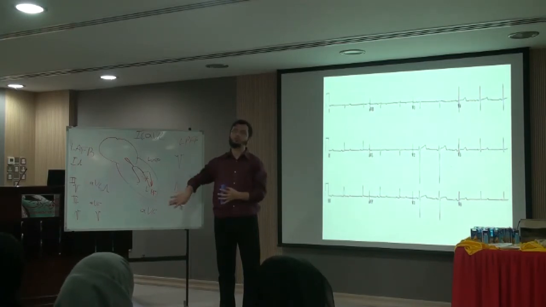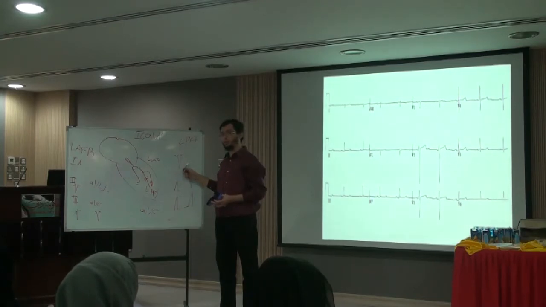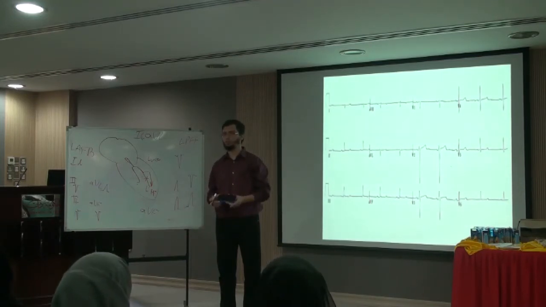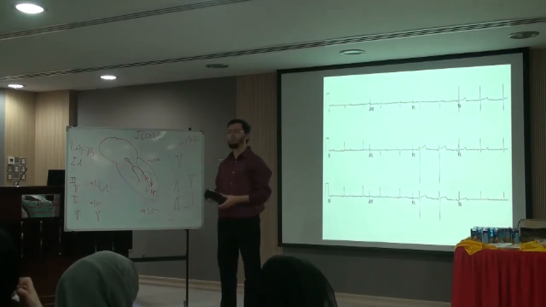Not there, so it's left anterior fascicular block. If the patient has right axis deviation, oh my God, any RVH? No. Any acute pulmonary embolism? No. COPD with pulmonary hypertension? No. No. So it's left posterior fascicular block. So it's a diagnosis of exclusion. Exactly.